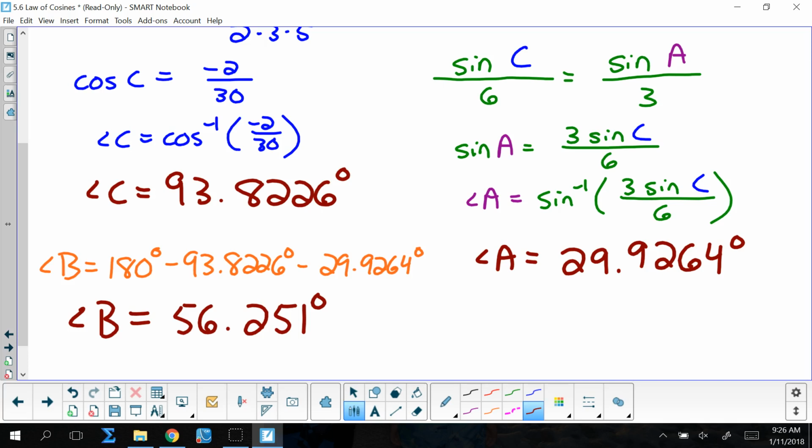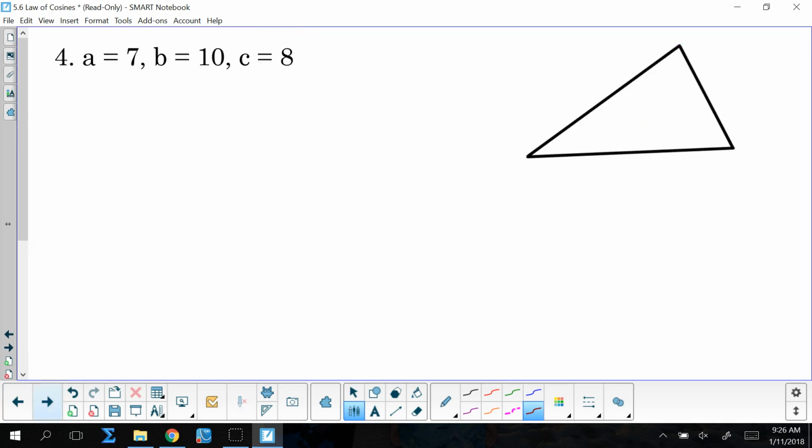Okay. What I would like you to do now is try example number 4. First check is if it is a triangle or not.